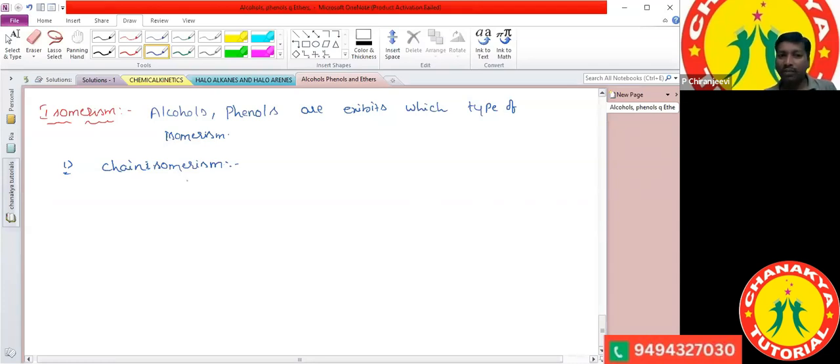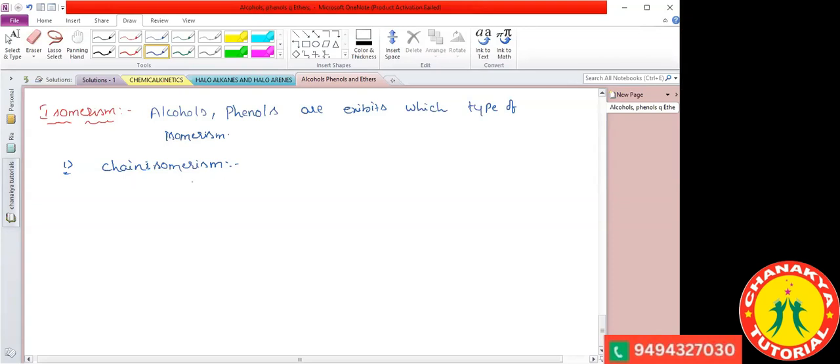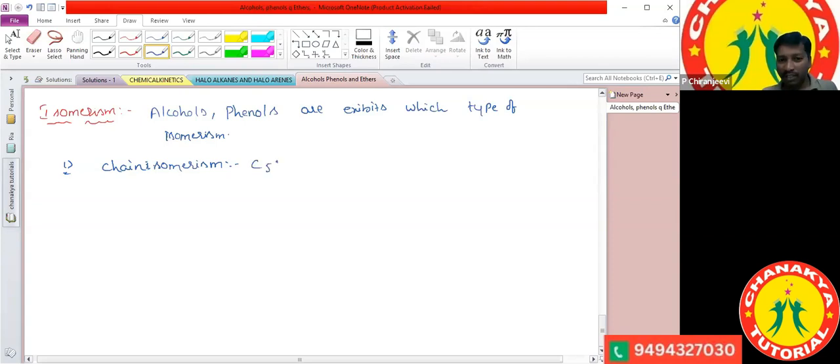Chain isomerism has the same molecular formula but differs in chain length. So differing in chain length is called chain isomerism. What is an example? C5H12O.